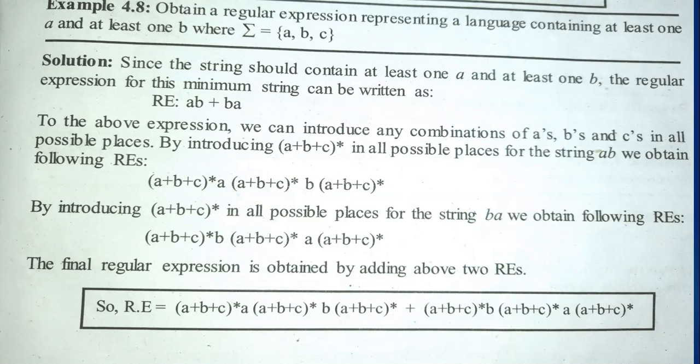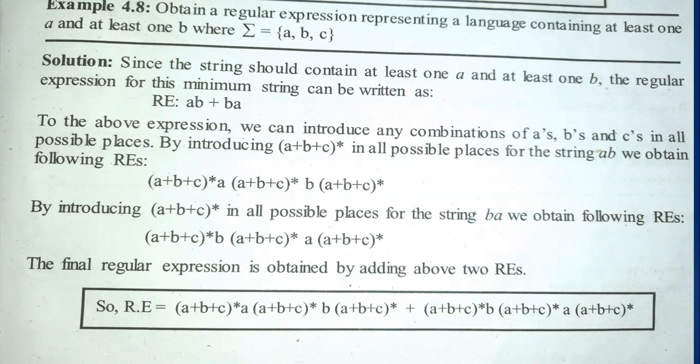Next, obtain a regular expression representing a language consisting of at least one A and at least one B, where sigma is equal to {A, B, C}. In this question they are specifying at least one A and at least one B. That is fixed. Later, any combination of A, B, C we may get over there.